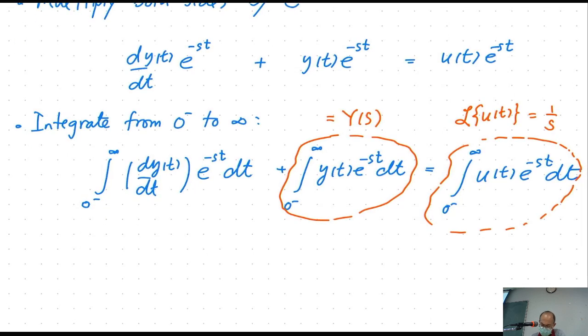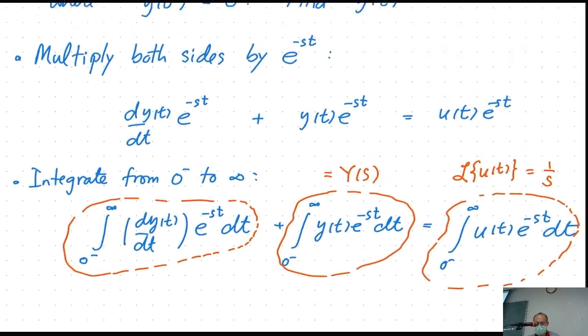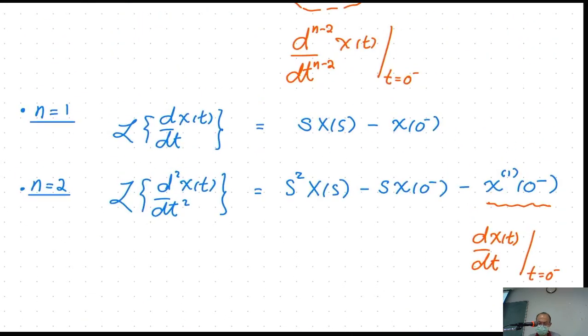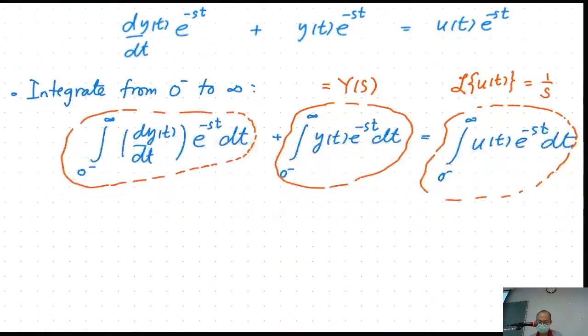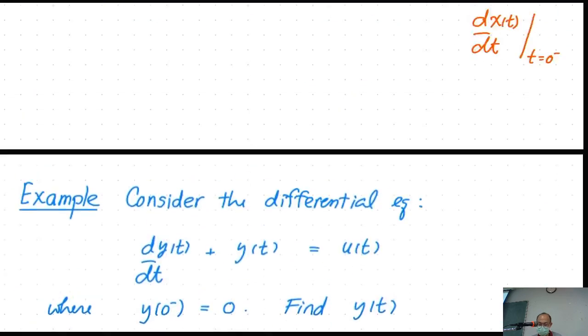Now, probably the most difficult one is this guy. Do you recognize it? This is the Laplace transform of the first derivative of y over t, so the Laplace transform of dy by dt, which we know from this property.